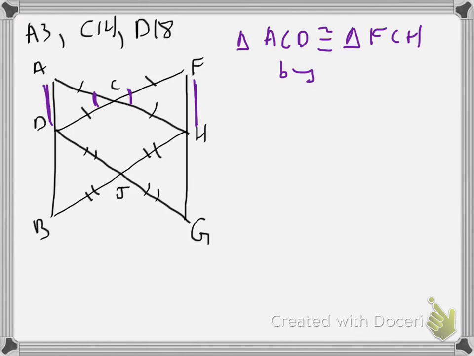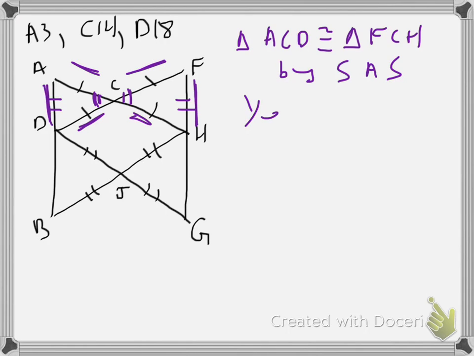by, it looks like we have a side, another side, we have an angle that we just said was the same in between, right here. Okay, and then we have another set of sides right here. Now that the triangles are the same, then the corresponding parts are the same. So that would mean that this is the same as that.